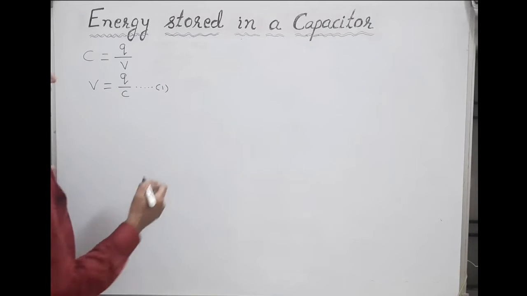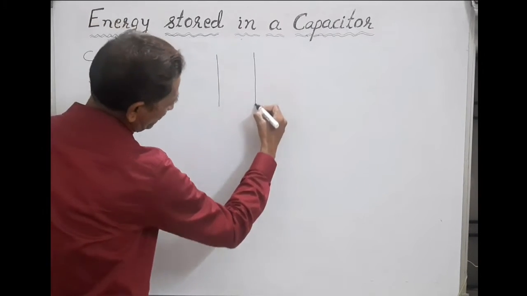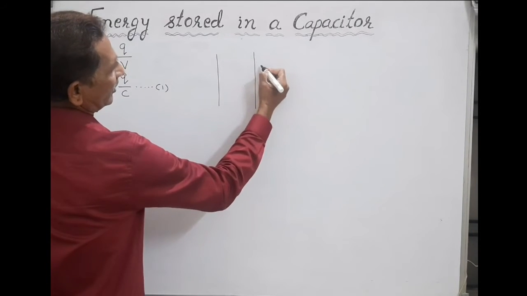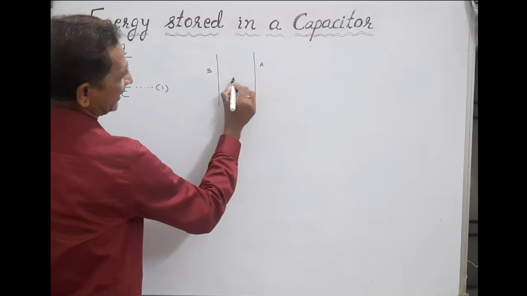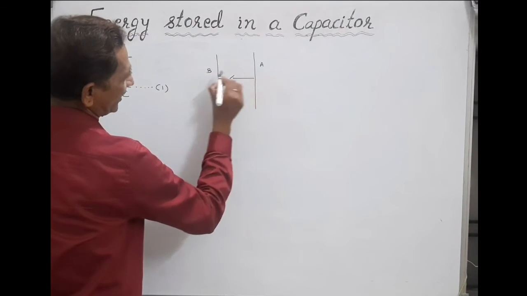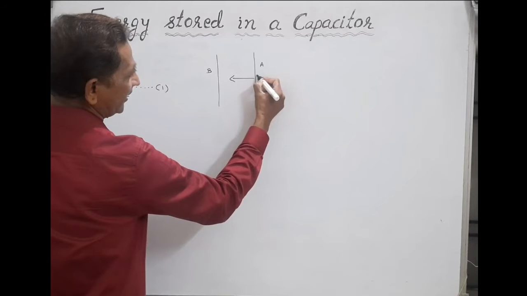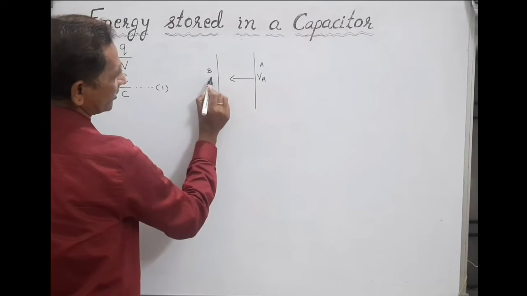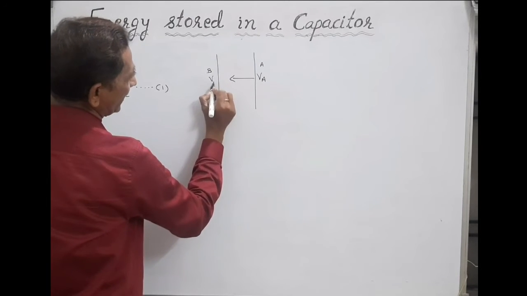As we know, there is a potential difference between these two plates. Suppose this plate is A and this plate is B. A dq charge is transferring from plate A to B. The potential developed due to the charge at plate A is VA, and at plate B is VB.